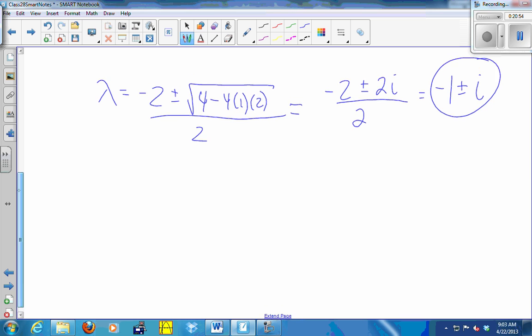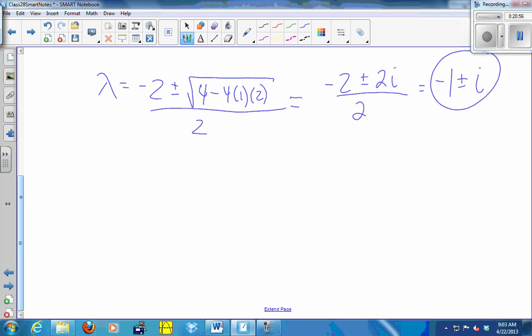All right, so let's do the whole thing out. So pick one, say -1 plus i. So y is going to have the form e to the lambda t. Distributing this t, I get e to the -t plus it.